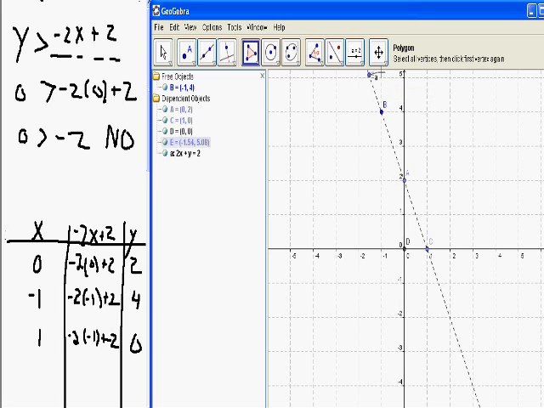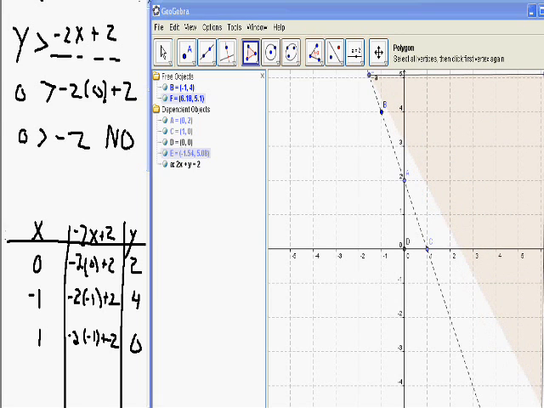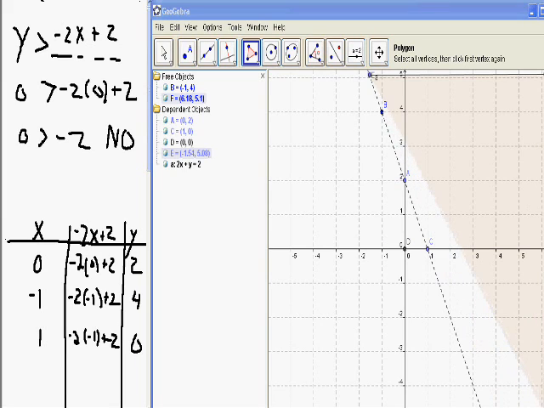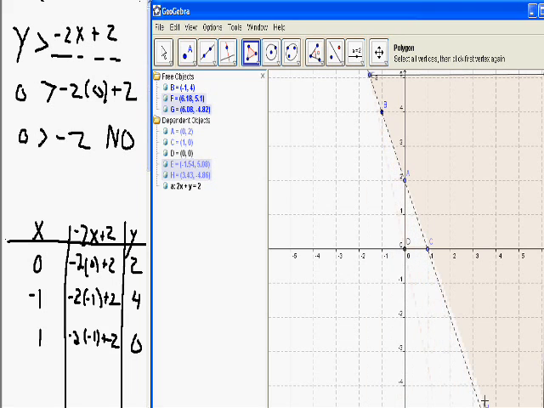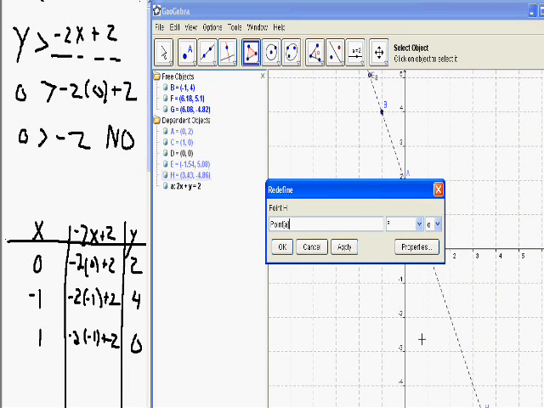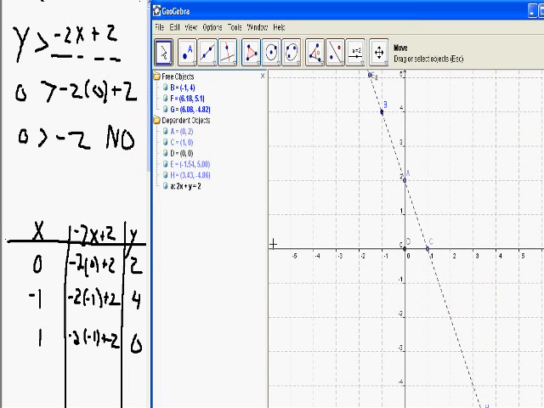So the shading must go this way. Okay, oops. Nope, it didn't like that.